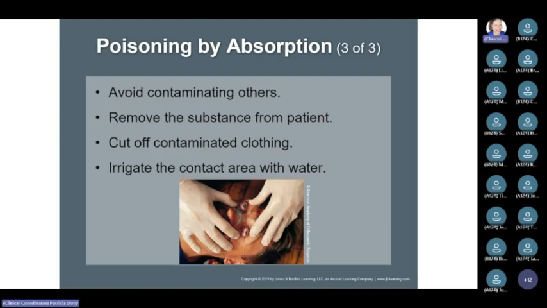Flush after you have gotten all of it off of the patient. Cut off all the contaminated clothing. Irrigate the area with water. And as you can see here, they have different ones now for eyes itself, but this right here, I believe, is a nasal cannula upside down that they have rigged into a flush.